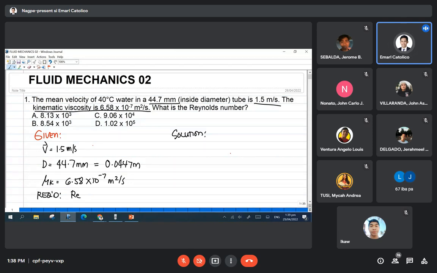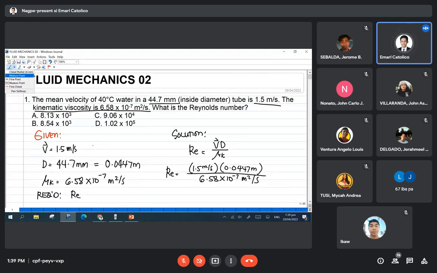Okay, so formula natin ng Reynolds number in terms of kinematic viscosity. So we have velocity times diameter over kinematic viscosity. So direct sub lang to, more on cancellation of units. So Reynolds number is equals to velocity 1.5 meters per second, diameter of 0.0447 meters, kinematic viscosity of 6.58 times 10 raised to negative 7 meters squared per second.